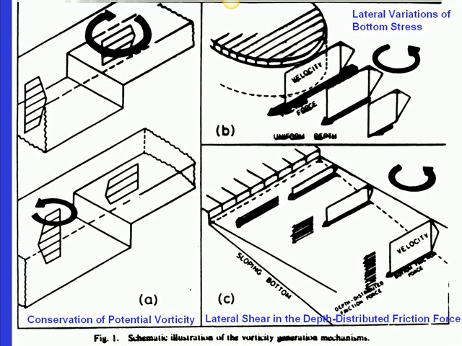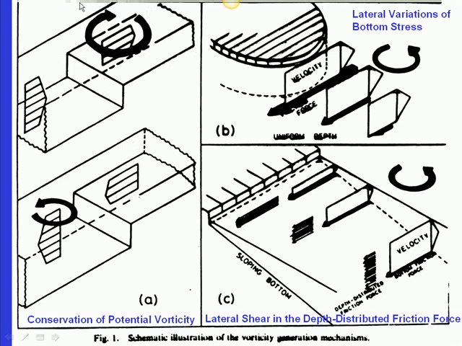If H decreases, what needs to happen for the potential vorticity to be conserved? Phi has to decrease. So the way it decreases is by acquiring negative relative vorticity, which is a clockwise vorticity. So that's what we see here in this arrow, clockwise vorticity.